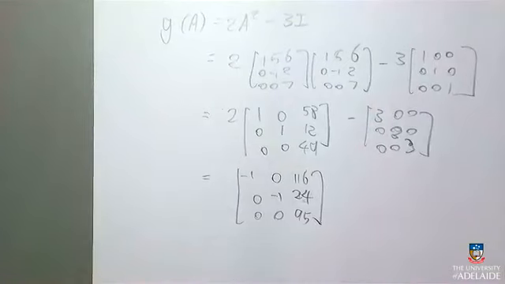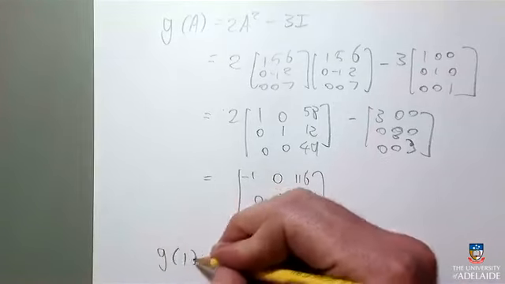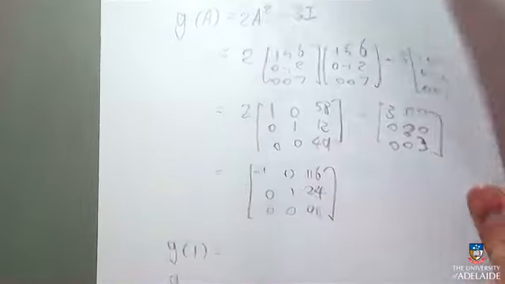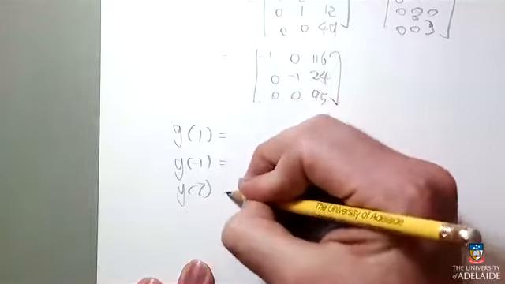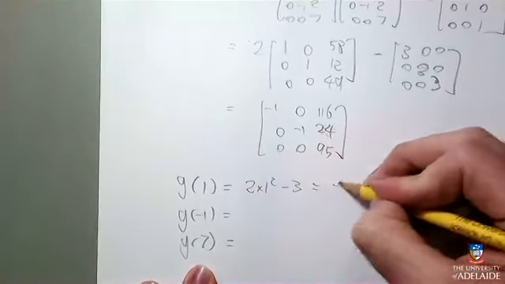And I know what the eigenvalues of this matrix are, because it happens to be a triangular matrix. Its eigenvalues are minus 1 and minus 1 and 95. Watch this. If I do g on the 3 eigenvalues of my original matrix, I get 2 times 1 squared minus 3, which is minus 1.